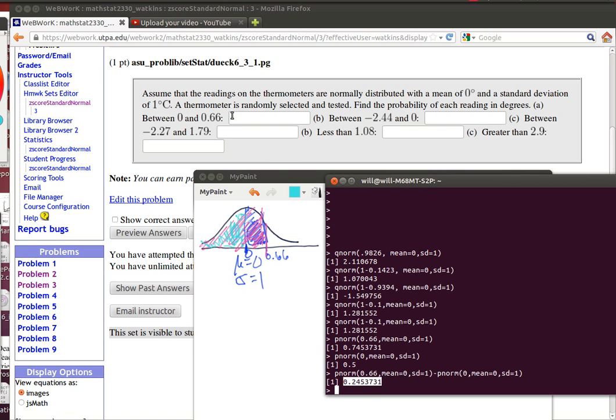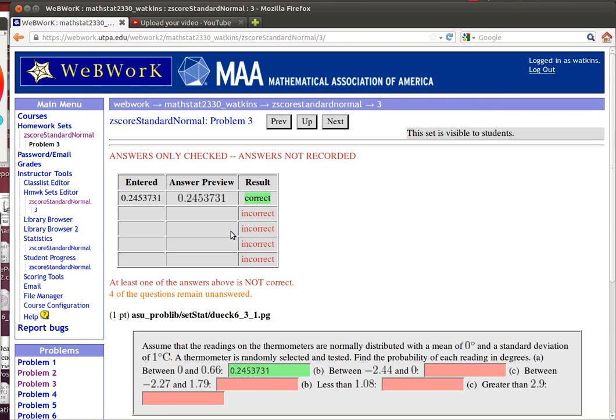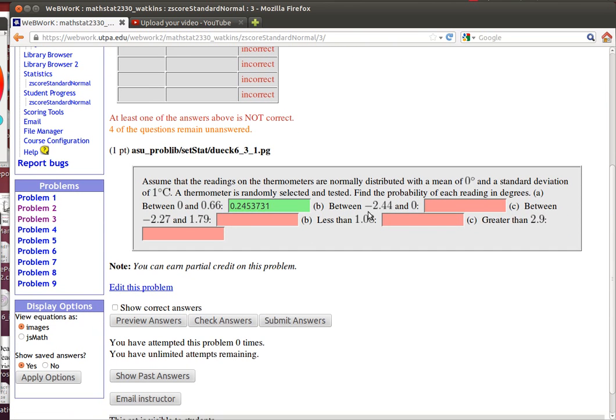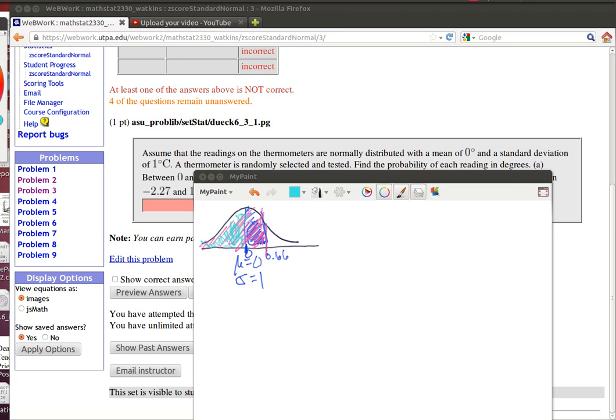We can copy that and paste it in up here. And let's see if it'll allow us to check our answers. Yeah, sure. Okay, so similarly, you can argue the same kinds of things. Let's just look at the picture real quickly on at least another one of these.